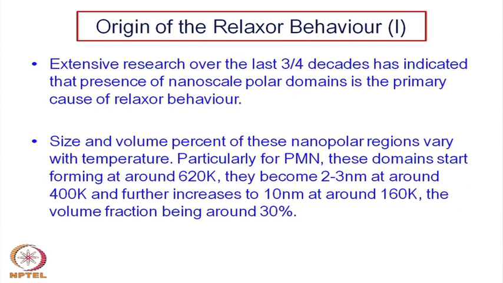Extensive research of the last 3-4 decades has indicated the presence of nanoscale polar domains, which means basically the ferroelectric domain. All ferroelectrics are supposed to have domains of certain size and certain other characters. So, in this case also you have domains, but the basic difference is compared to the normal domain size, which is of the order of microns.